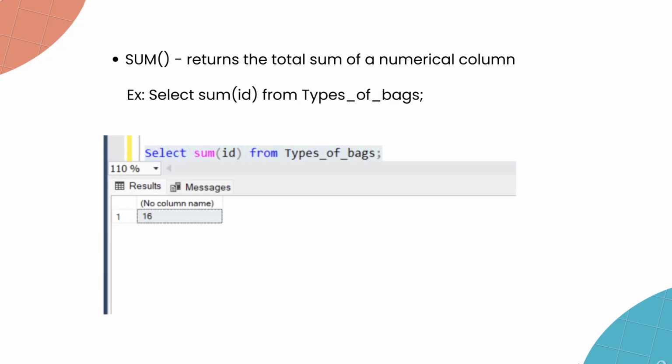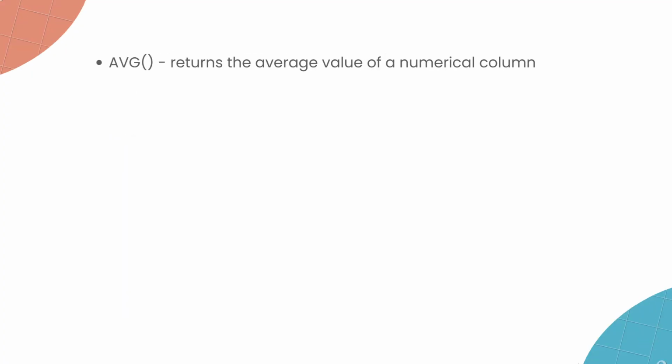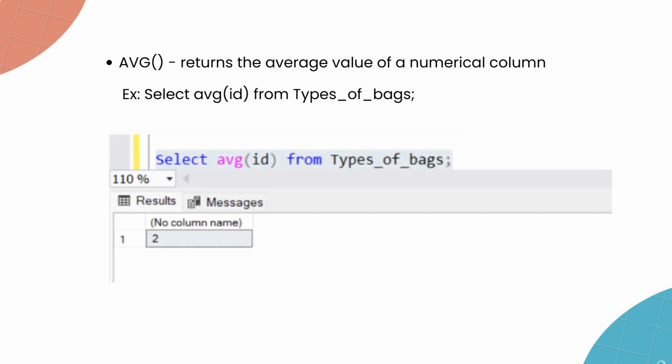For example, select sum(id) from types_of_bags; semicolon. Fifth one is average, which returns the average value of a numerical column. For example, select avg(id) from types_of_bags; semicolon.